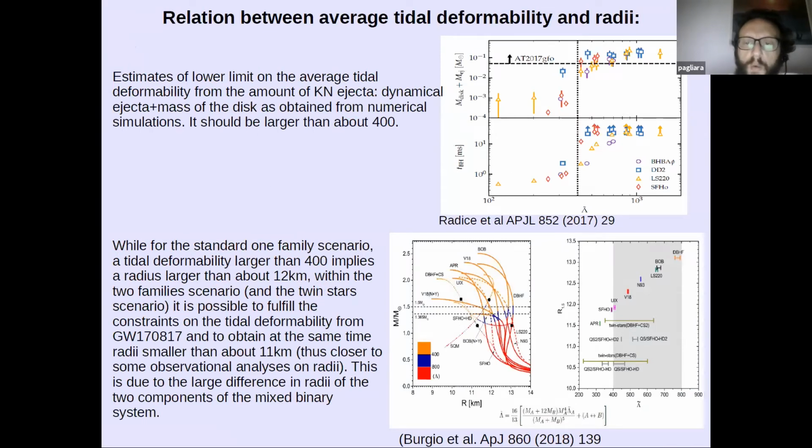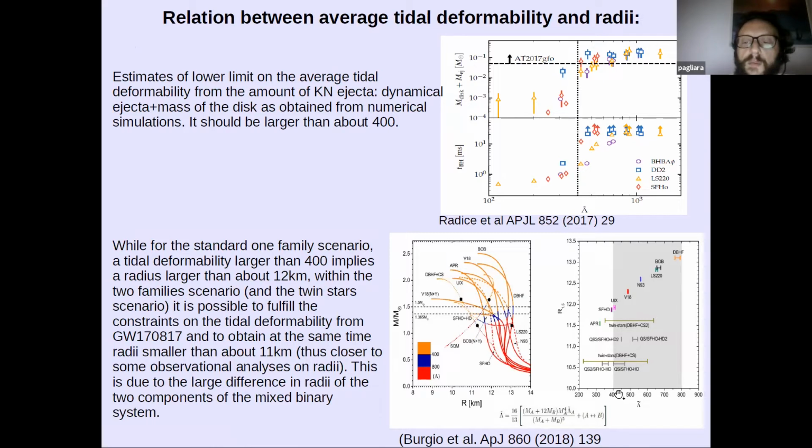There are other ways to test the scenario. One is the relation between average tidal deformability and radii. Again, at variance with the one family scenario, we could have configurations with a radius which is smaller than about 11 kilometers, and are those numbers here.